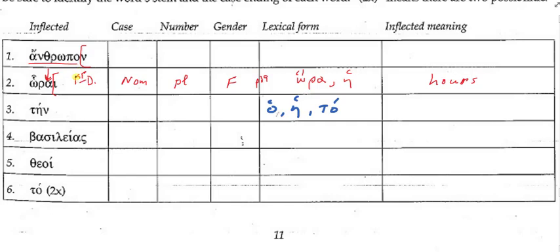What can you tell me about that stem? Well, before we get to masculine, the stem ends with omicron, and therefore it's which declension? Second. Now, do you know whether it's masculine or neuter based on the omicron? No, it could be both.